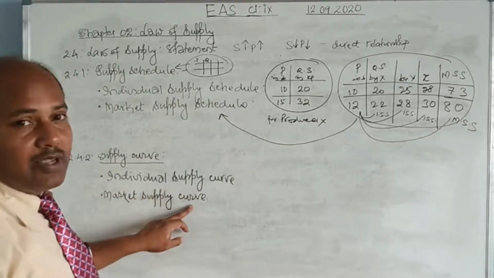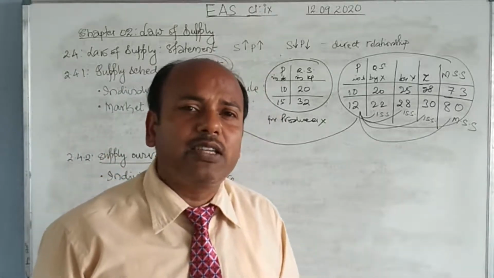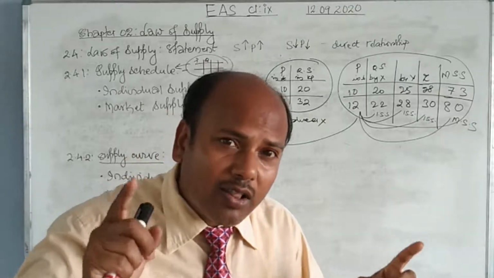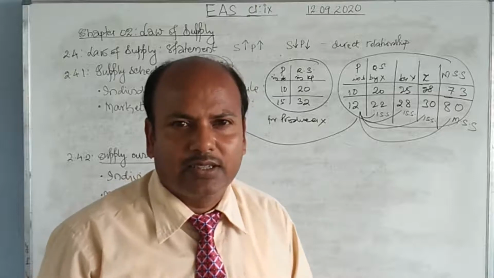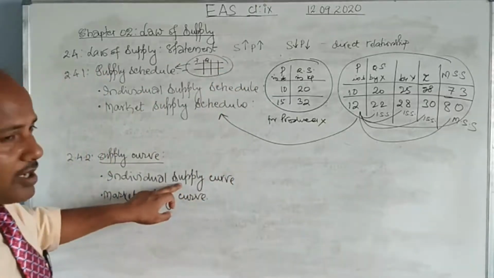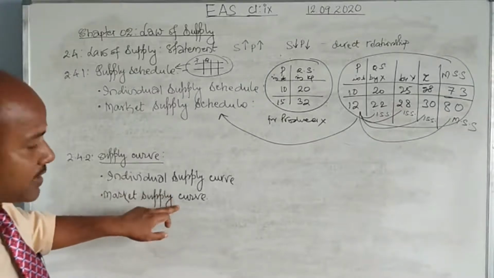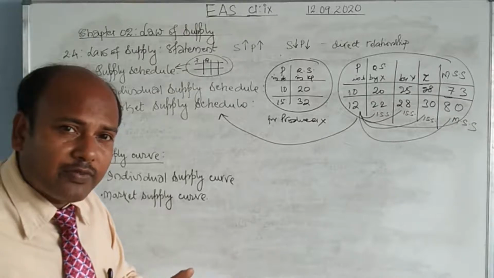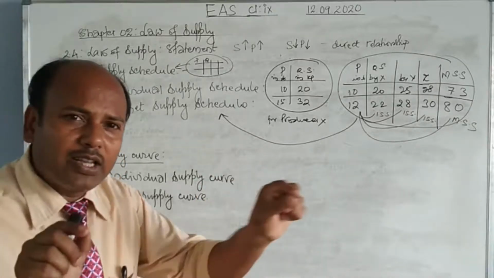Market supply curve is once again the same graphical representation showing the different quantity of a commodity produced and offered for sale by all the producers of a place or a market at different price. By one producer, by all the producers. Definition is same. Only one word here and there you have to change.